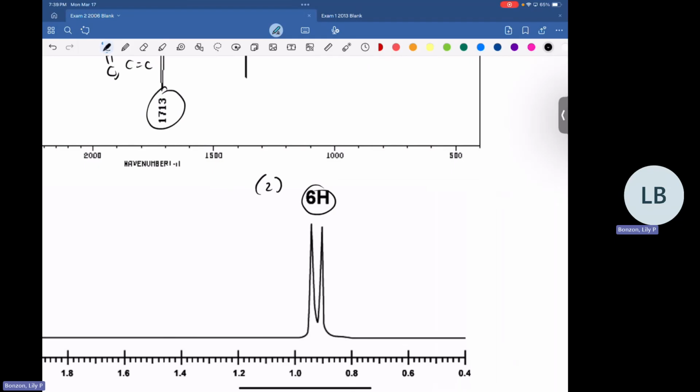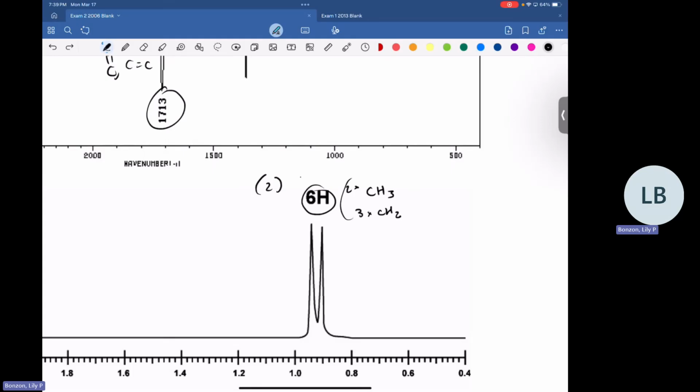I like to start with the alkyl section. We have a 6H doublet. A carbon can't have 6 hydrogens, so that means we're going to have 2 or 3 of the same group. It could be either 2 CH3s or 3 CH2s, because those would both give us 6. And then you would double it to get the full amount.